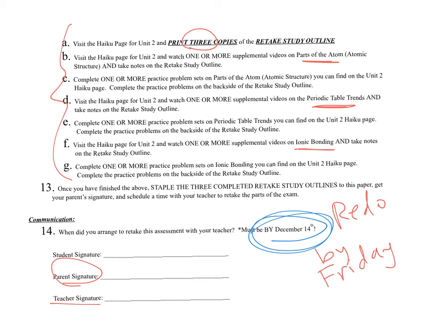Or if you let me know in advance, you can come in on Wednesday and Thursday after school during tutoring hours to redo the CER as well for better points. So you also have a redo for the CER by Friday as well. But again, we've got a tight deadline for the end of the semester.